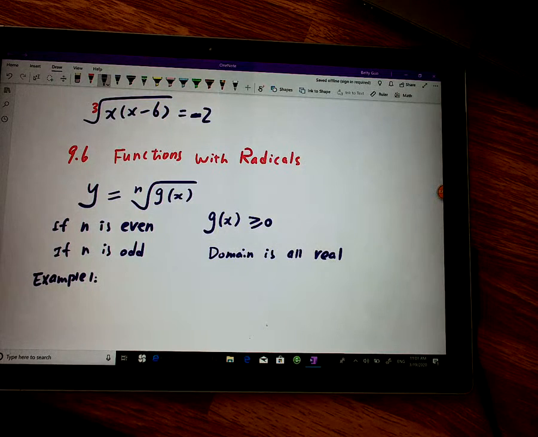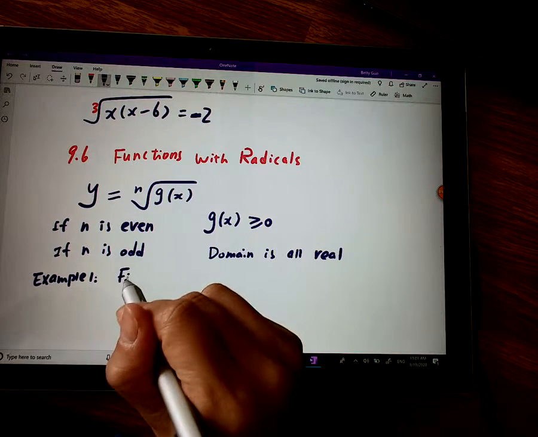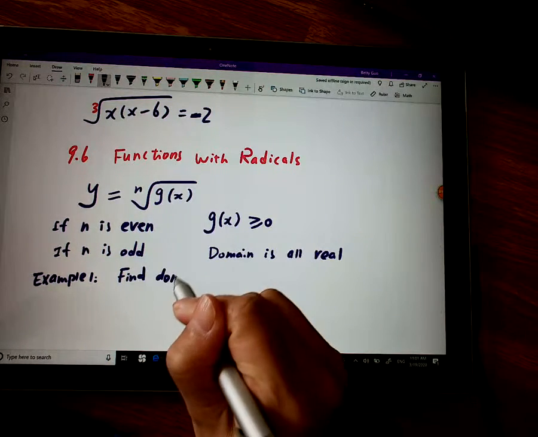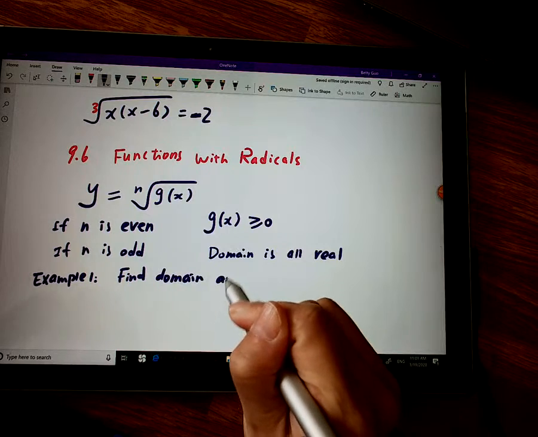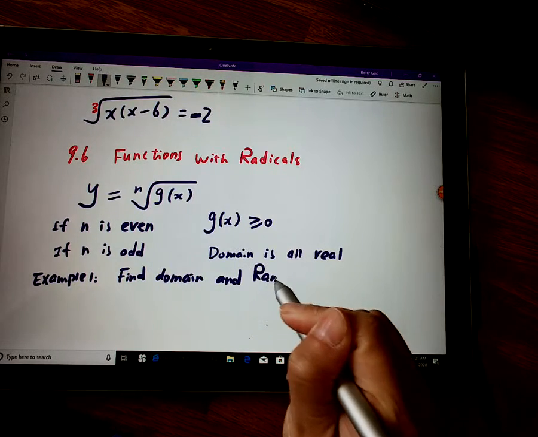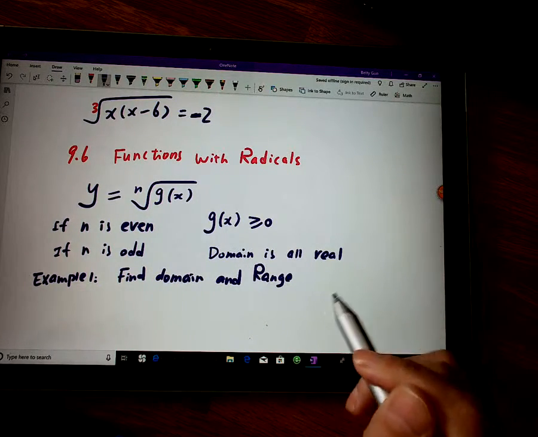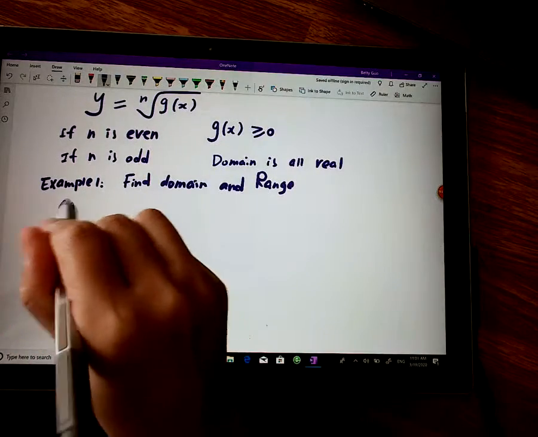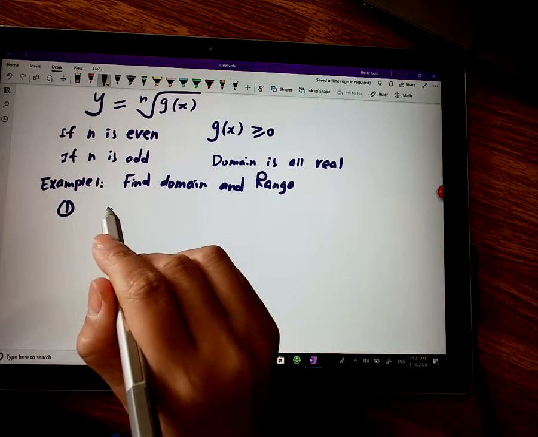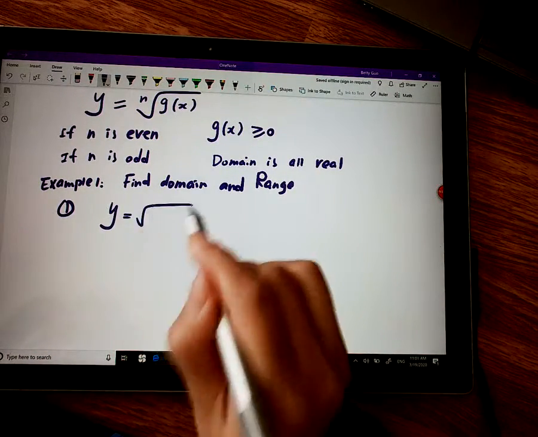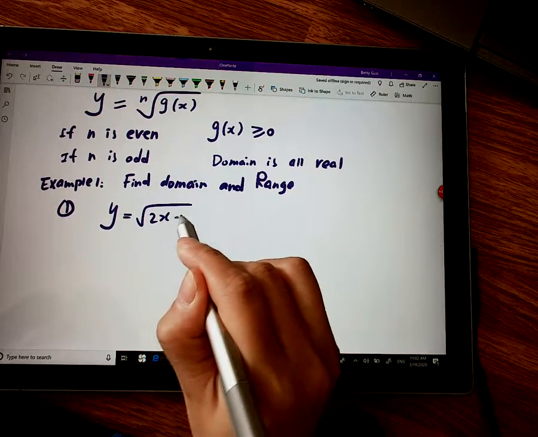We have 4 problems in my notes, but let's just do 2 of them. The first one, y equals square root of 2x plus 1.